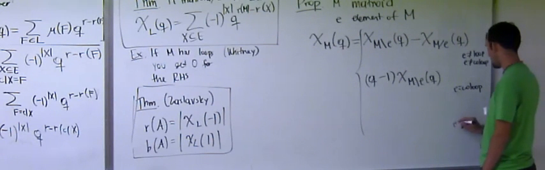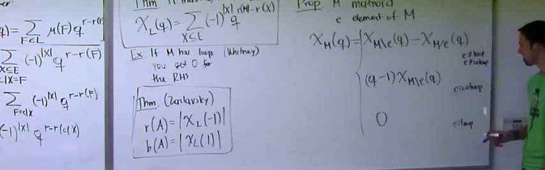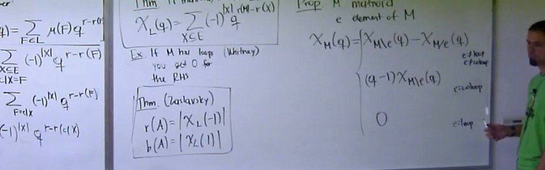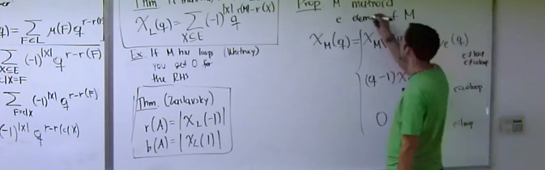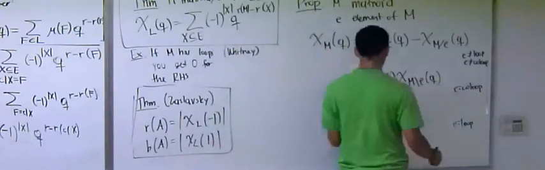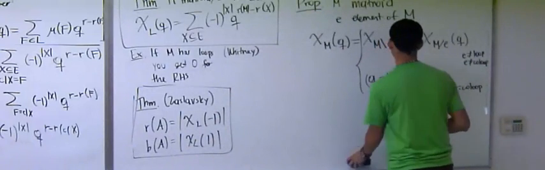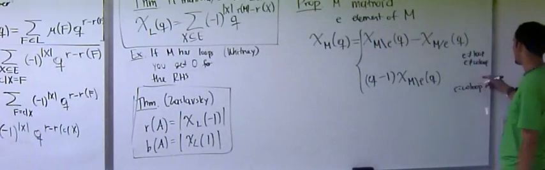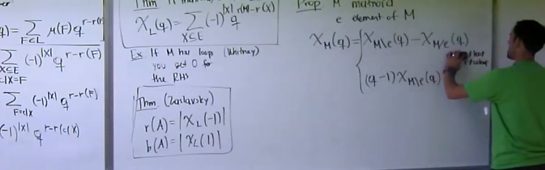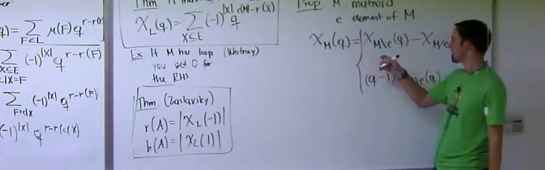And if you happen to delete a loop, so in this case, M is not loopless. So maybe the thing that I should say is just take M to be loopless. So this is just never going to happen. And this is what happens for just about any element: if you want the characteristic polynomial of M, you just delete and contract.